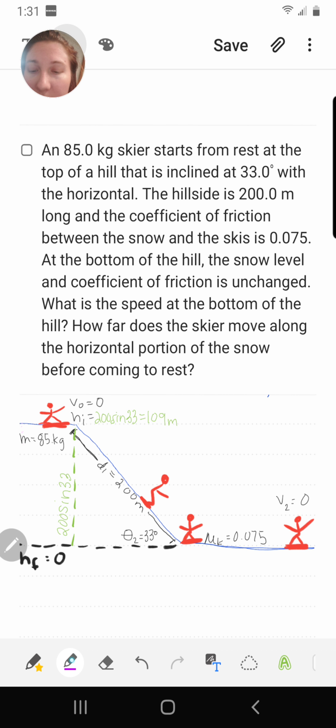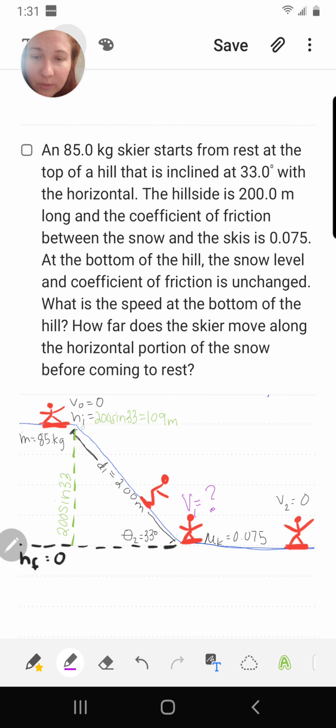So what are we looking for? We're looking for the speed at the bottom of the hill, which is the skier's velocity. Okay. So we need to figure that out. Well, in order to figure that out, we need to remember that the conservation of energy is used. But there are a few other unknowns that were not given that take some time to figure out.